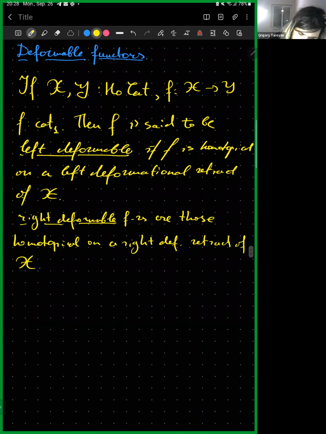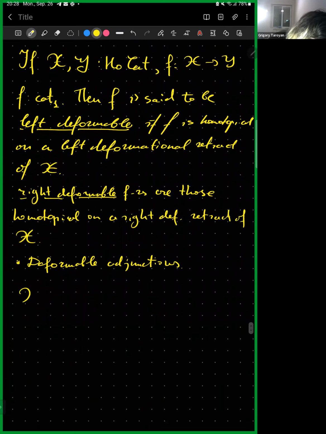Okay, so next let's discuss deformable adjunctions. Well, those are just like Quillen adjunctions.